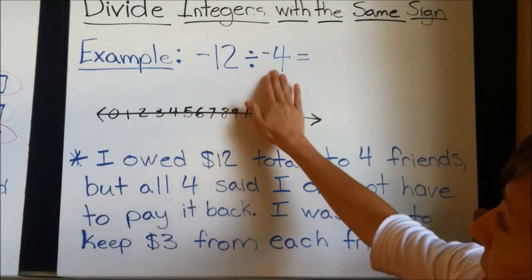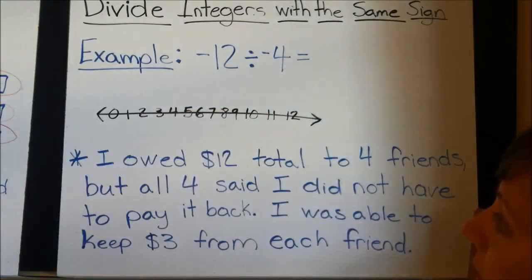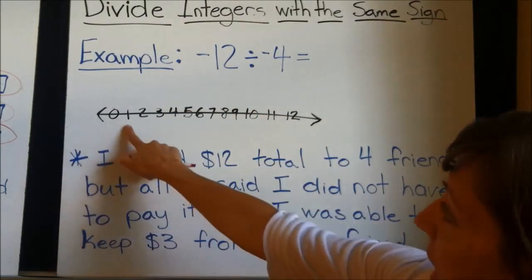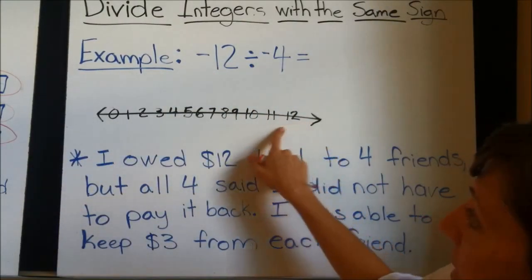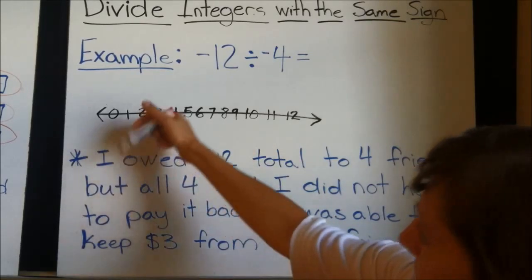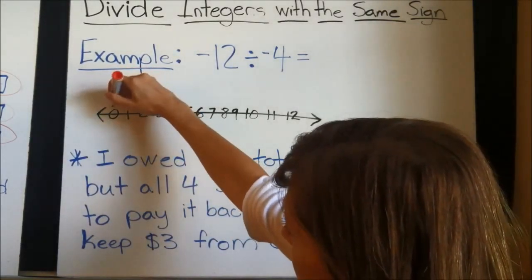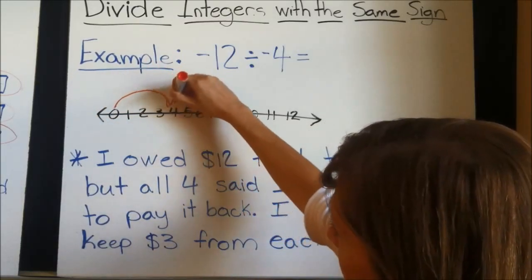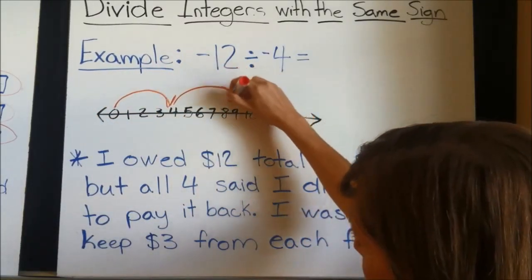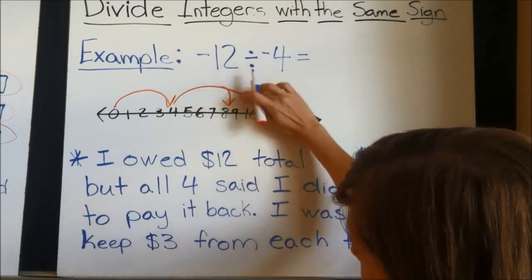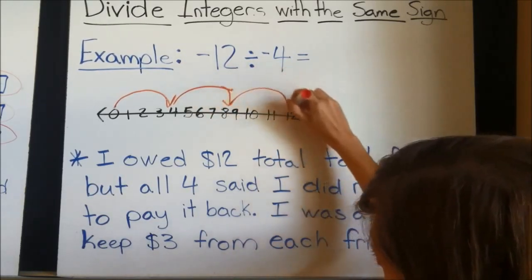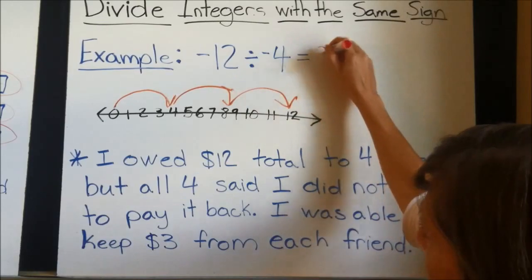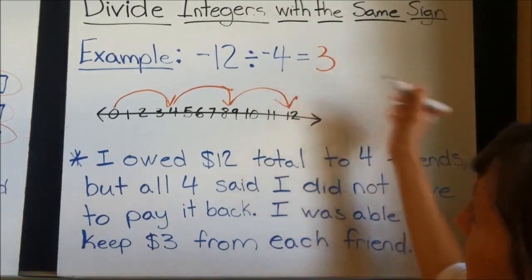So negative 12 divided by negative 4, the 2 negatives end up canceling each other out, and our answer is going to be a positive. So I drew a positive number line out. Let's do a group of 4, a group of 4, and another group of 4. And that's 3 groups. And so I have a positive 3.